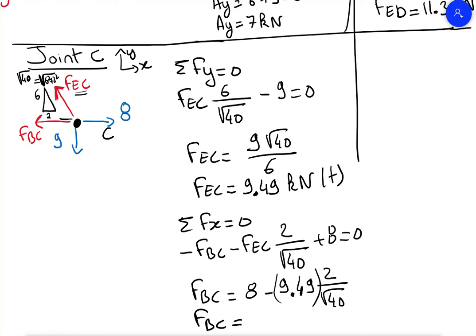I know you like parentheses and I don't, but I'm working on that. So 8 minus this number times 2 divided by square root of 40 is equal to 5, and it's plus, so it means that it is tension. We get the right direction. So this one is 5 and this one is 9.49.